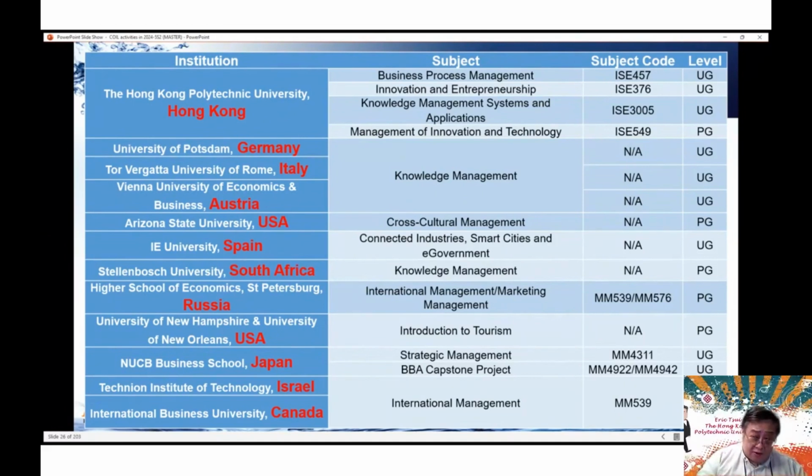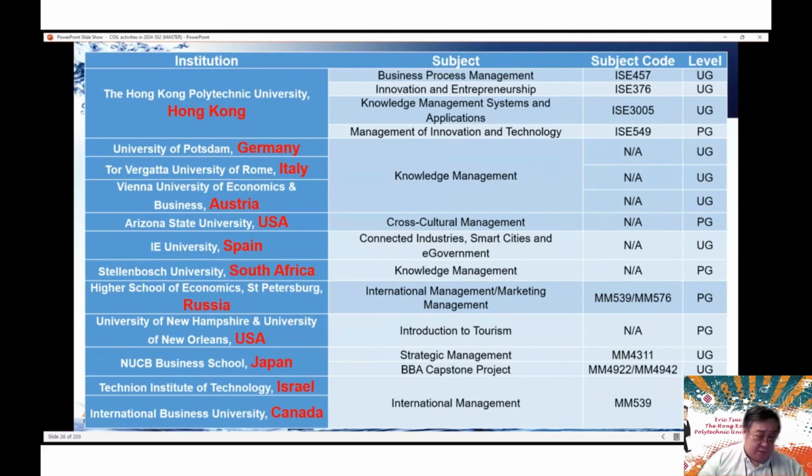And then if you look at the second column, you can see some of the specific disciplines that I teach: business process management, innovation and entrepreneurship, knowledge management, innovation and technology. But there are also some subjects outside my forte, like cross-cultural management, e-government, tourism, strategic management, international management.